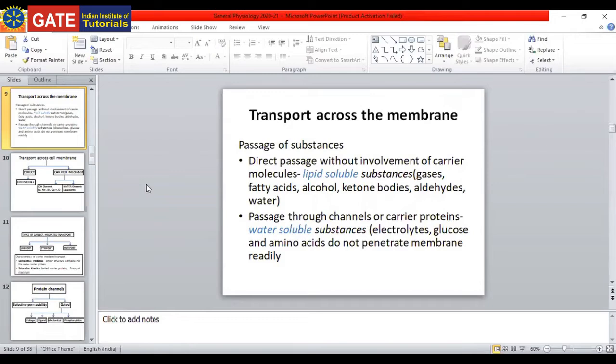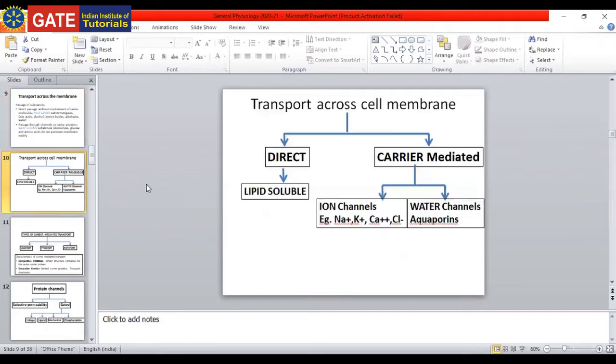That's one of the functions of the proteins, which act as carriers and therefore help in transport. The ions and water-soluble substances, and also water through the aquaporins, transport is carrier mediated.